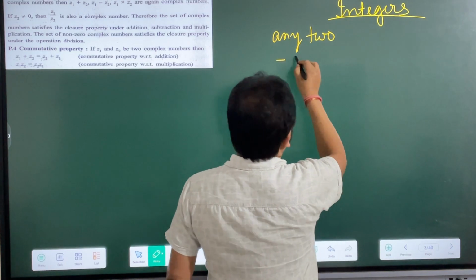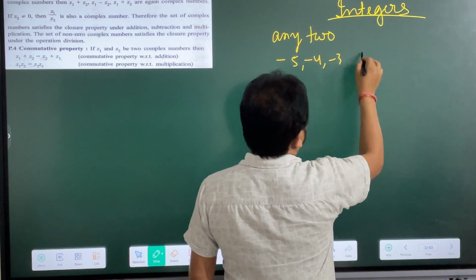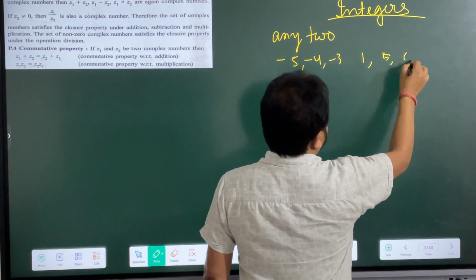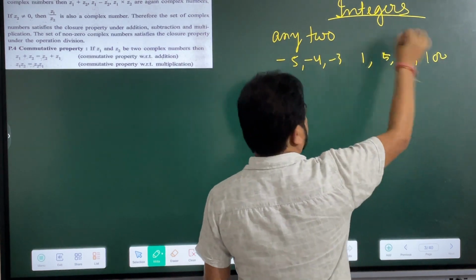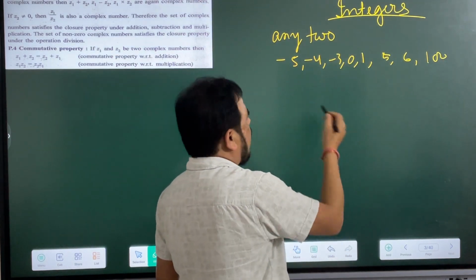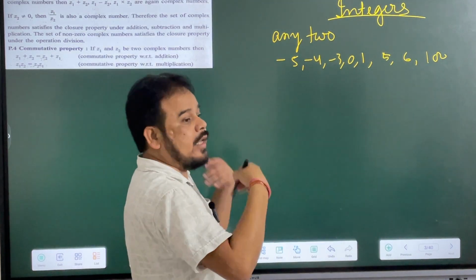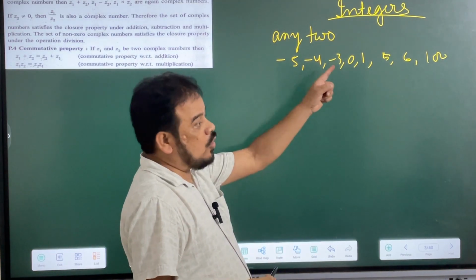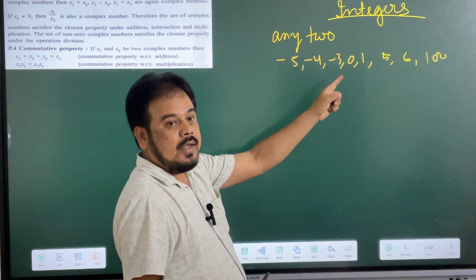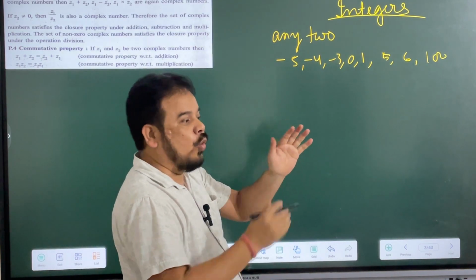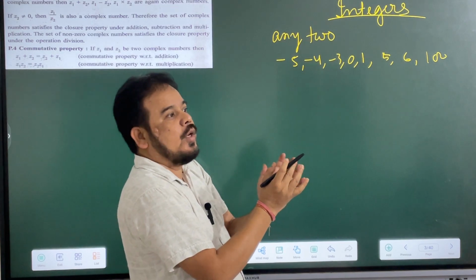Any integers, minus 5, minus 4, minus 3, 1, 5, 6, 100, 0, all are integers. Any integers, if you add or subtract, you will get integers again. So that is called closure property. If we don't get that, it is not called closed under integers.